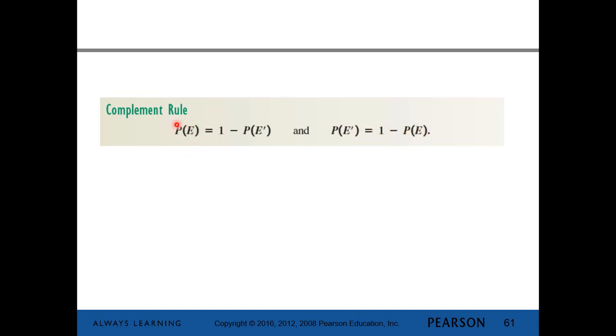I can write the complement rule as the probability of an event is equal to 1 minus the probability of the complement. Or the probability of the complement E prime is equal to 1 minus the probability of the event. So again, it works either way.